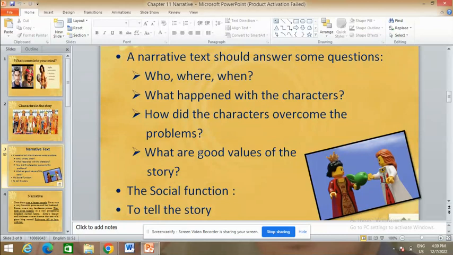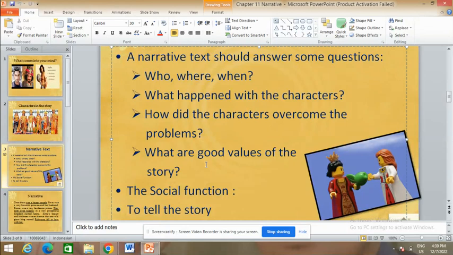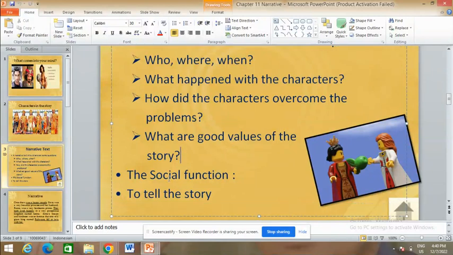And the last one, what are the good values of the story? We say that this is a coda, or in Bahasa Indonesia it is a lesson learned or moral values or amanat. So this is the social function to tell the story.